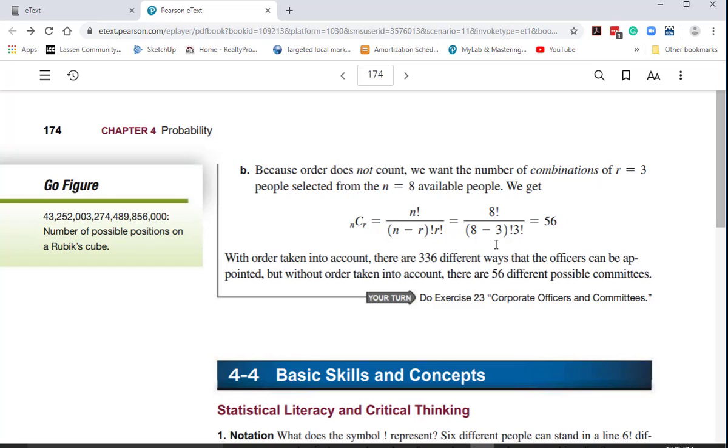Do you agree? Okay, so when order doesn't matter, you would expect the subset of these things to be smaller. So this is where order doesn't matter. And this is where it does. So when we had the janitor, janitor, janitor, which one is going to be the smallest set?